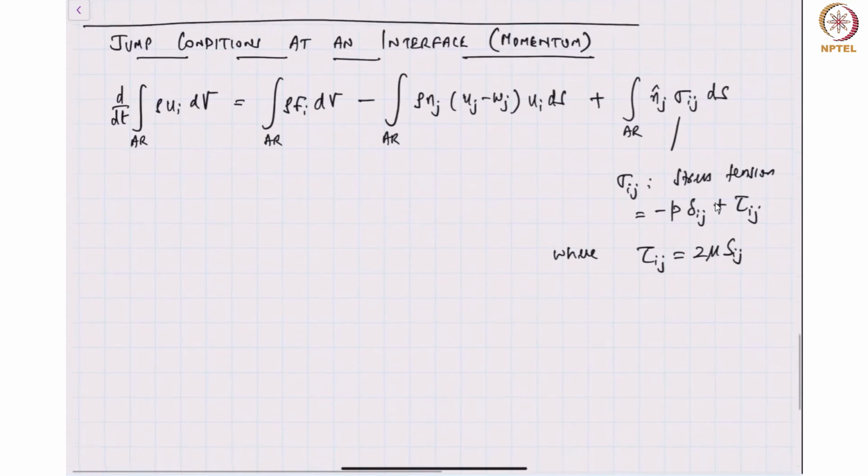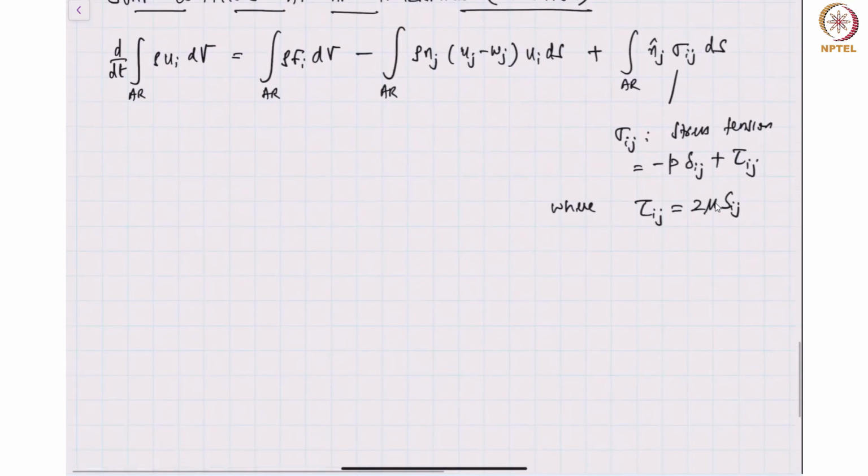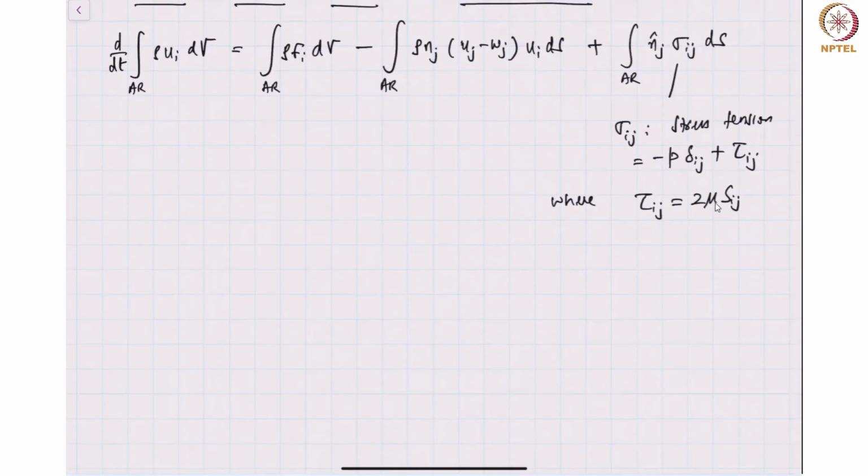Okay, so now let's substitute this and use this definition of the stress tensor and simplify it a little bit. So we have Nj times sigma ij, which essentially becomes Nj times minus P delta ij plus tau ij, that is minus P Ni plus Nj tau ij.